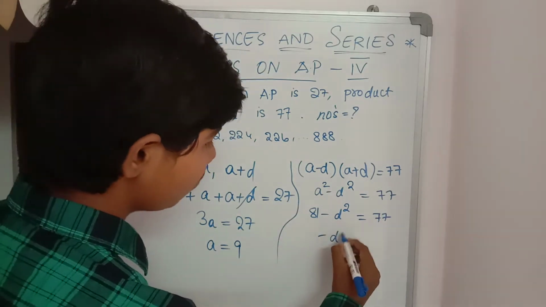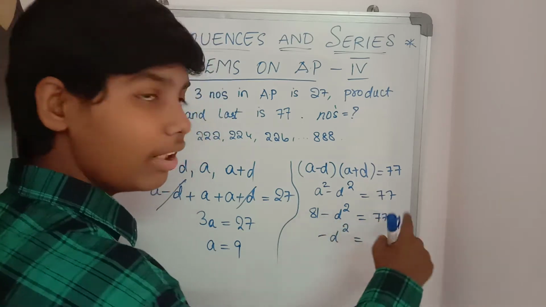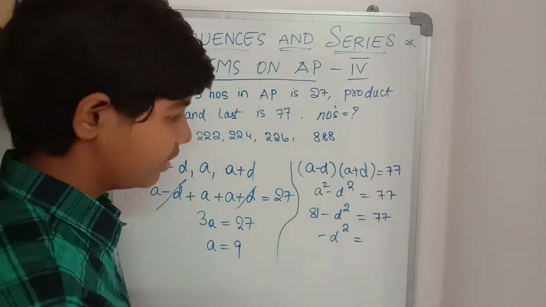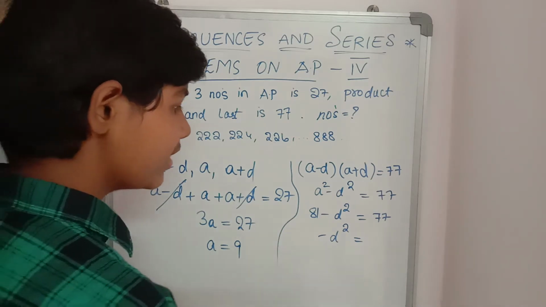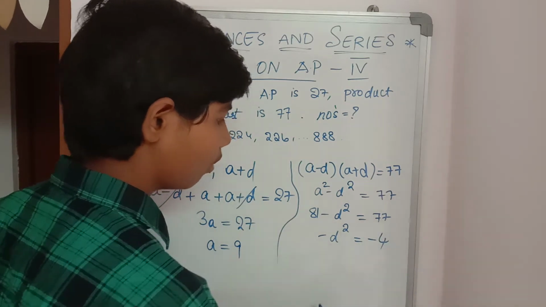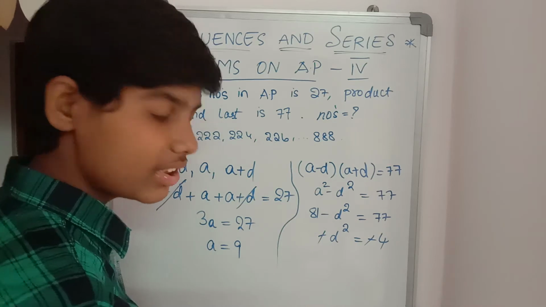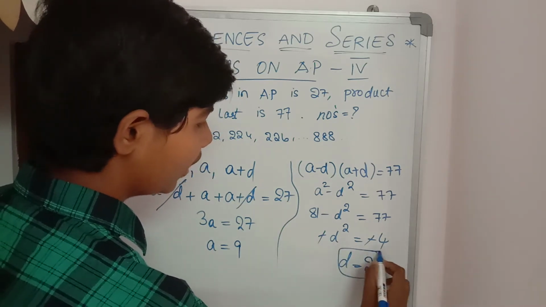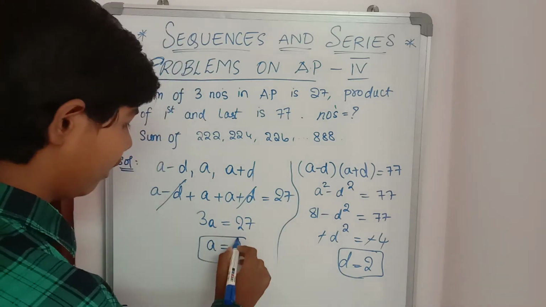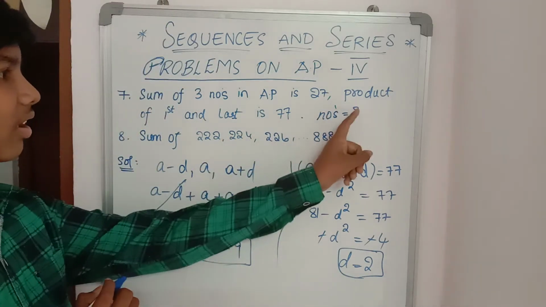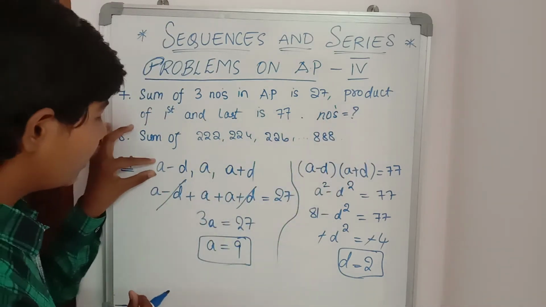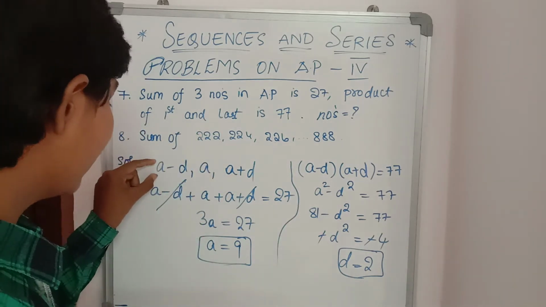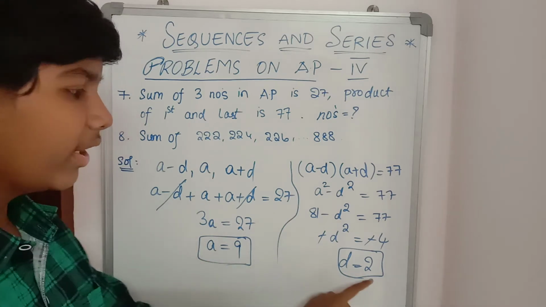So minus D squared is equal to 77 minus 81. The 81 goes to the RHS and becomes minus. 77 minus 81 is minus 4. The minus gets cancelled, so D will be 2. D is 2 and A is 9. What are the numbers asked? They are of the form A minus D, A, A plus D. A minus D is 9 minus 2, which is 7.